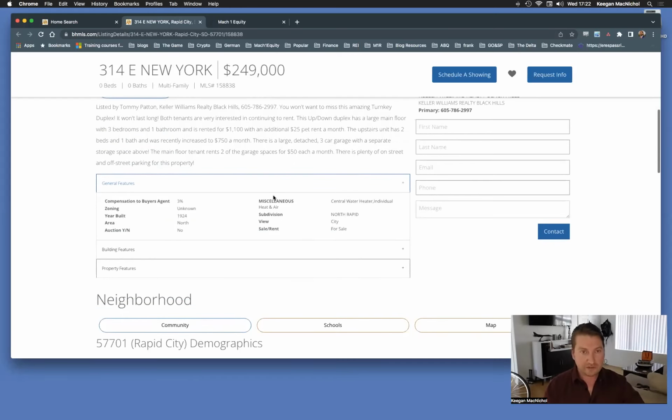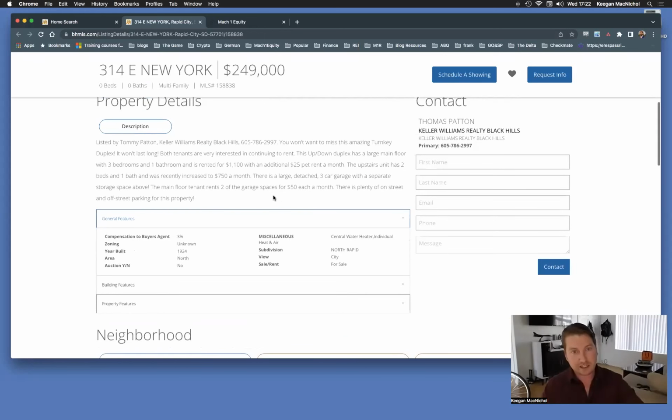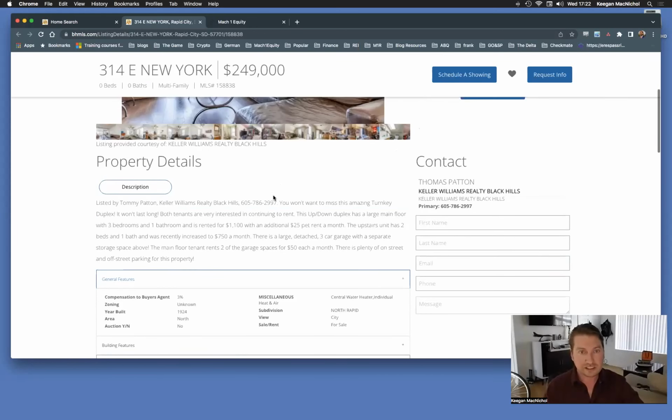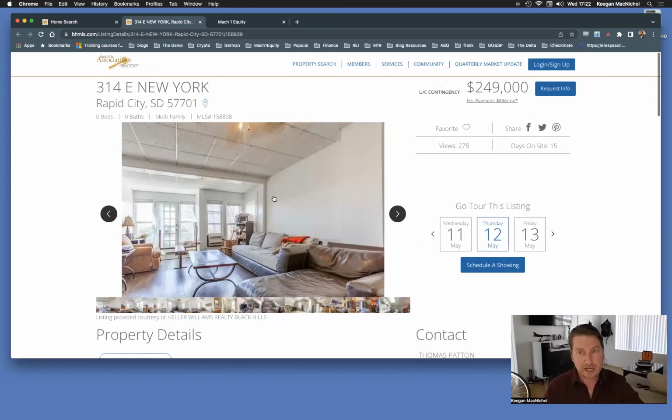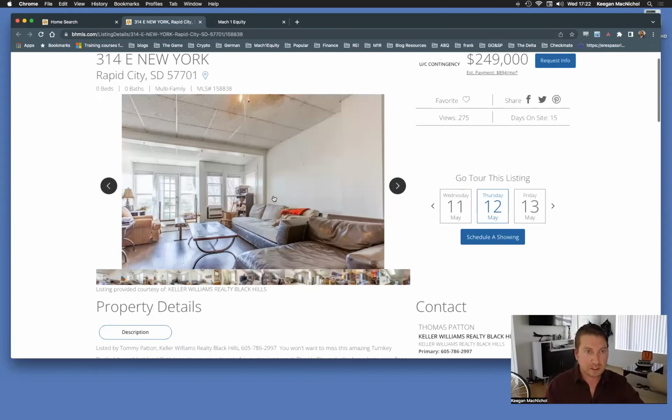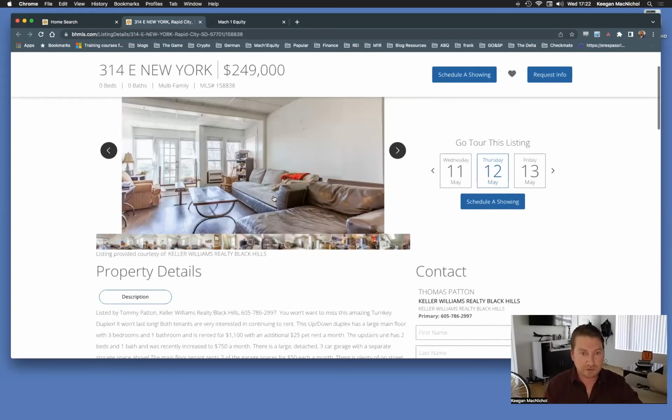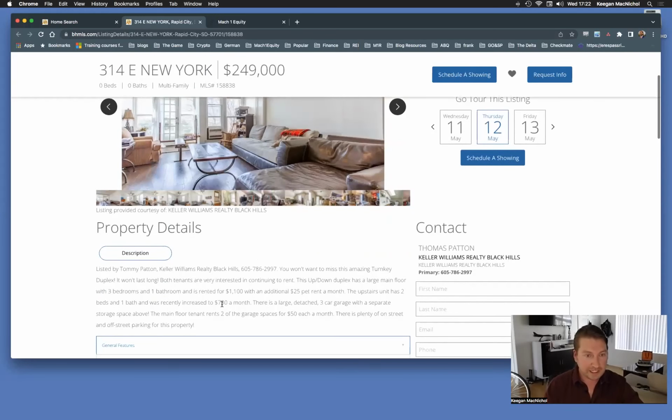As you're waiting for that, now you've decided, okay, you know what, this is something I'm potentially interested in. The price, $249,000 for a duplex in Rapid City, based on kind of building the picture of what things trade for, that seems pretty reasonable. Okay, he's got some info on the rents here. It's a 3-bed, 1-bath and a 2-bed, 1-bath. And he's got some info on the in-place rents.